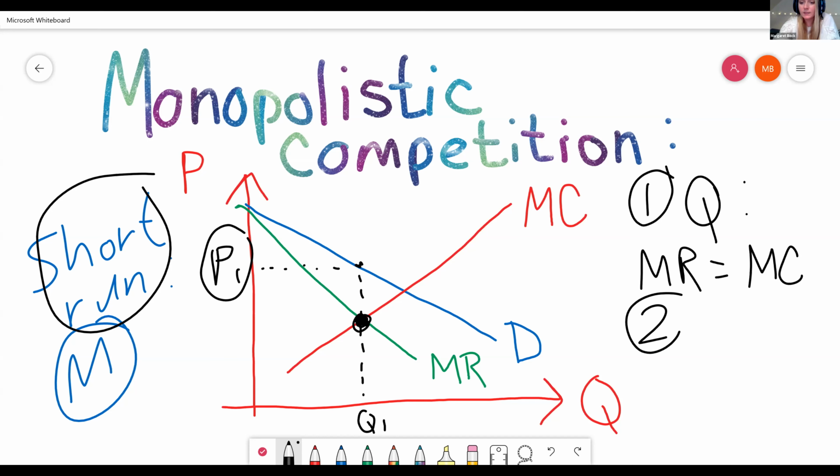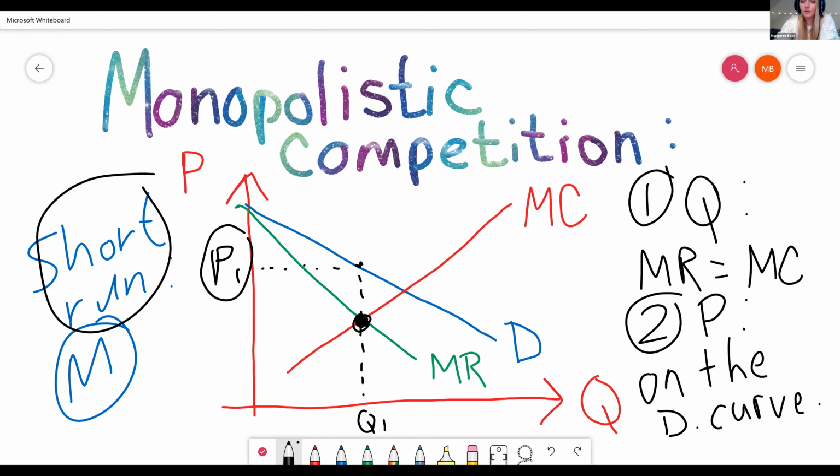So price is on the demand curve. Okay. So again, if we have already watched the monopoly profit maximizing video, finding the price and quantity for a monopolistic competitor is exactly the same in the short run.